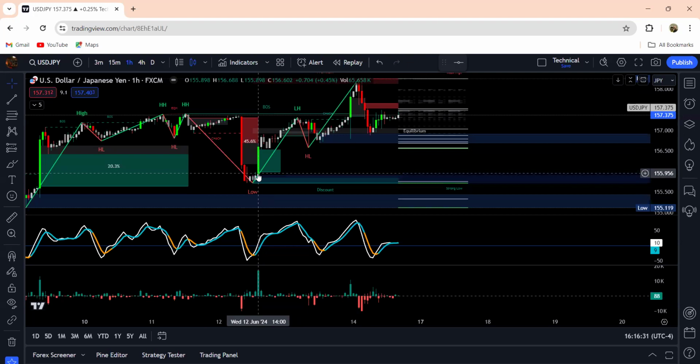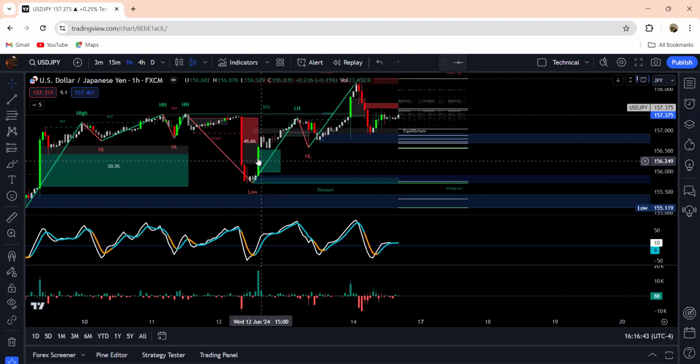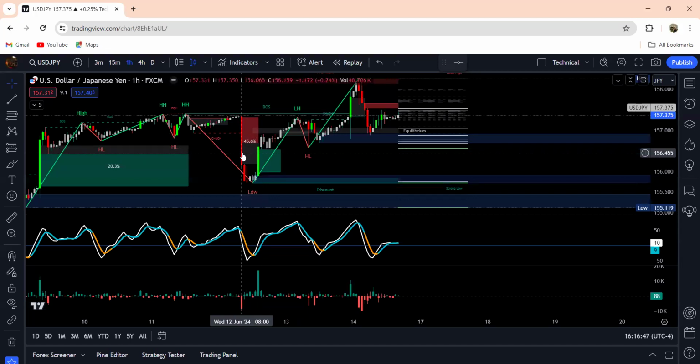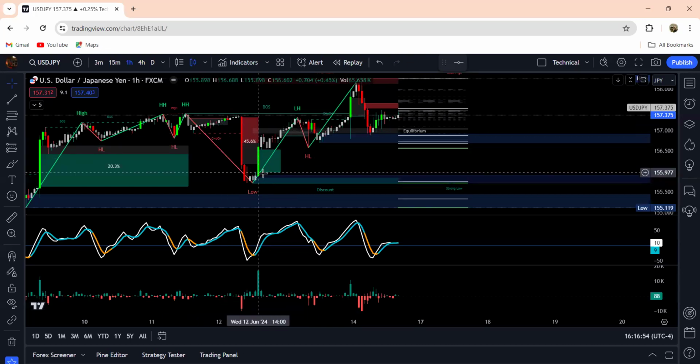So the longer we take to utilize a fair value gap, the more likely that it's not going to be utilized for continuation, especially when we create an imbalance in the opposite direction. That's what happened with this one right here, 6 hours before we came back into the fair value gap. So at that point, we really didn't need any liquidity for continuation to the downside. We had pretty much all we needed.